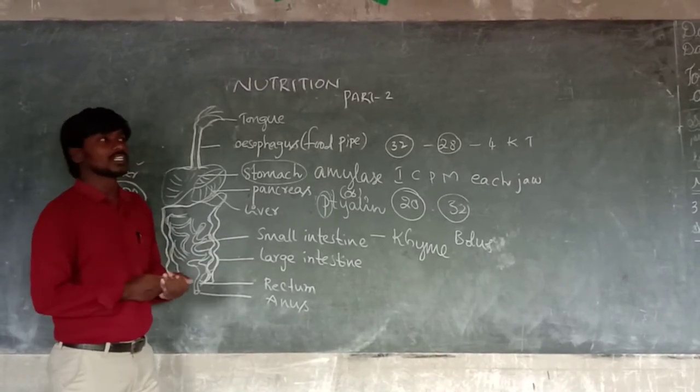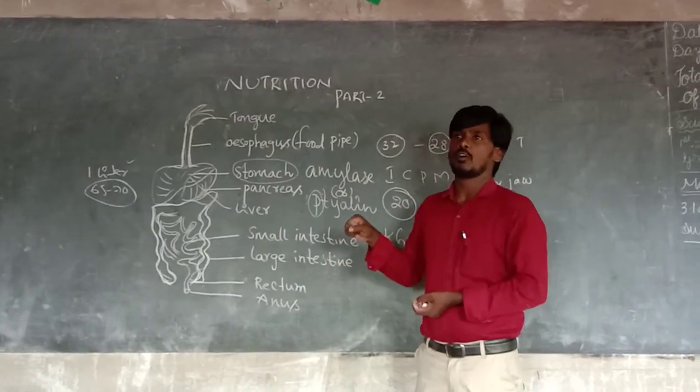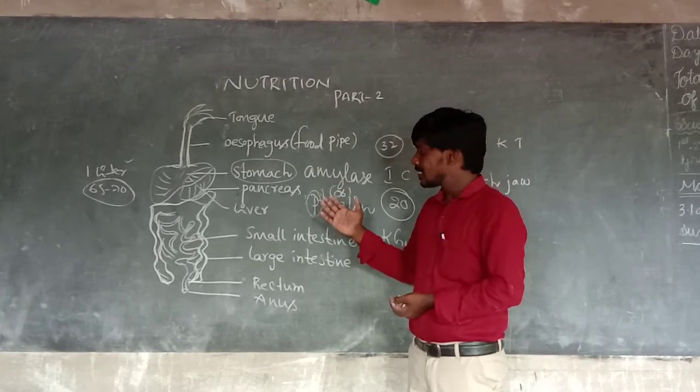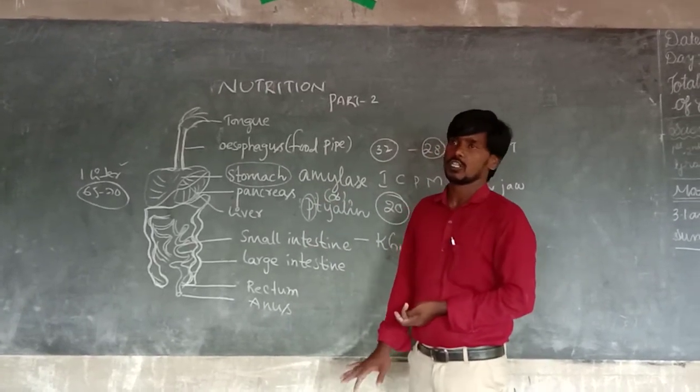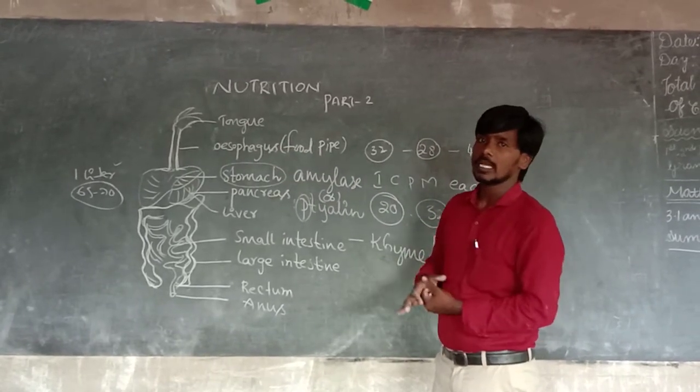What is the function of the rectum? The waste product is completed and comes out by the anus. So that is the digestive system of human beings.